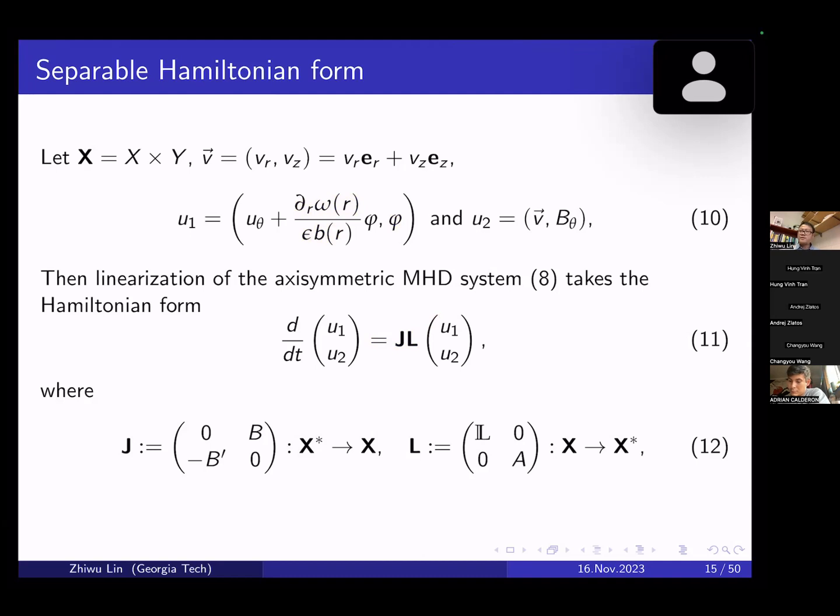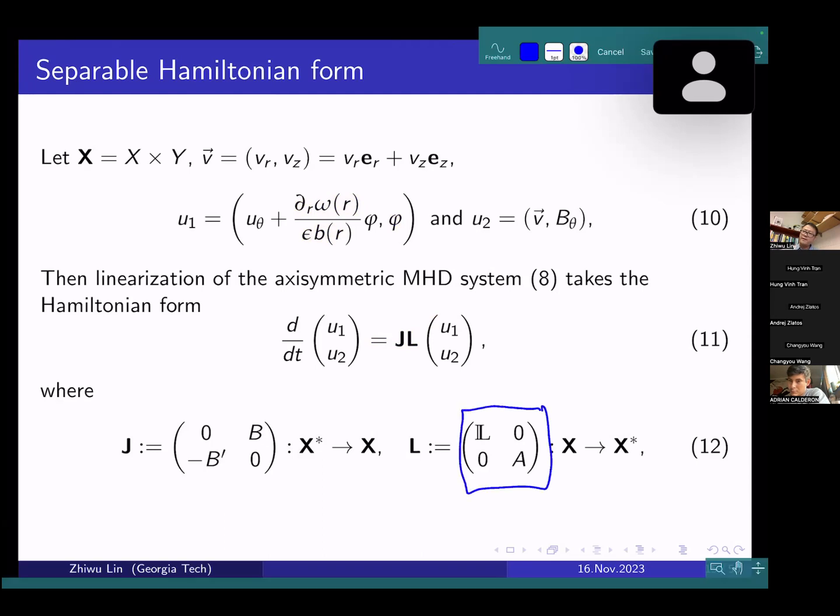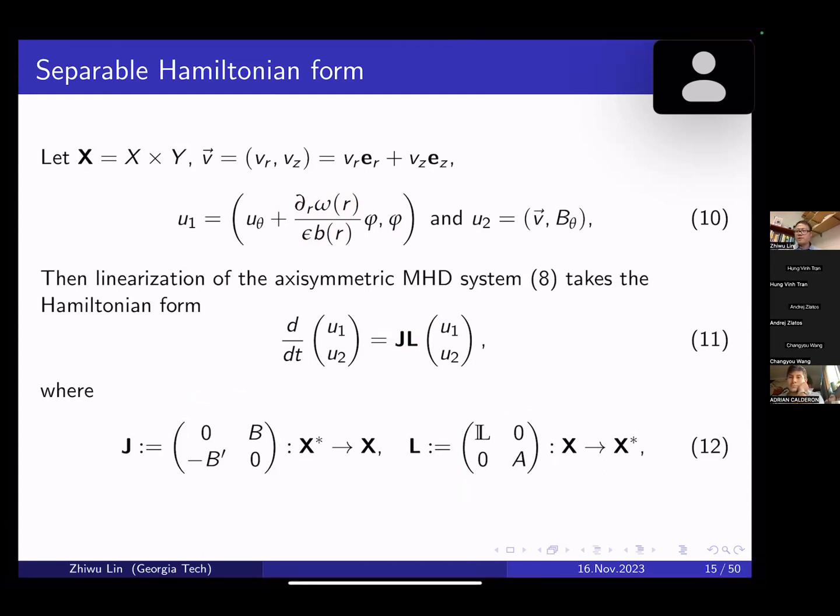Here we call it a separable Hamiltonian system, because if you look at the symmetrical part, it's actually a diagonal operator. And the anti-symmetrical part is actually anti-diagonal. Here, B prime is the dual operator of B. So J is an anti-symmetrical and anti-diagonal operator, and L is a symmetrical and diagonal operator.